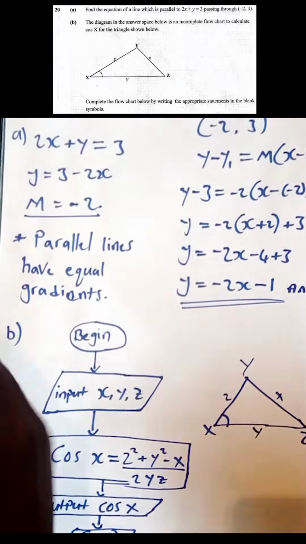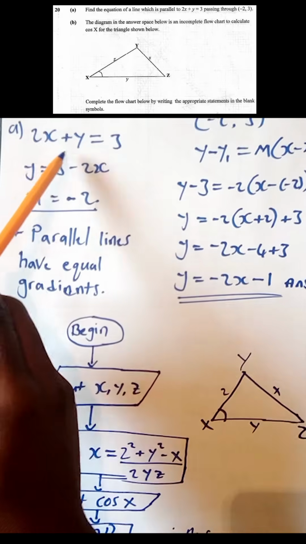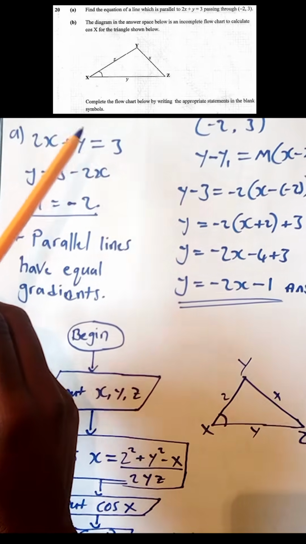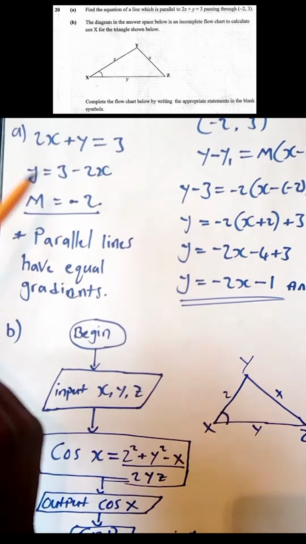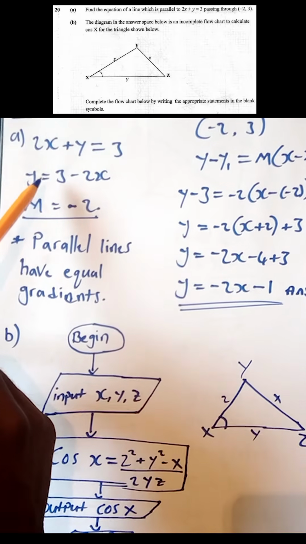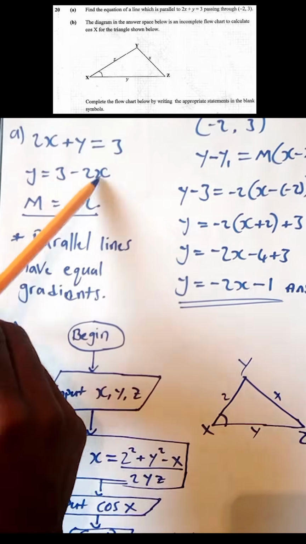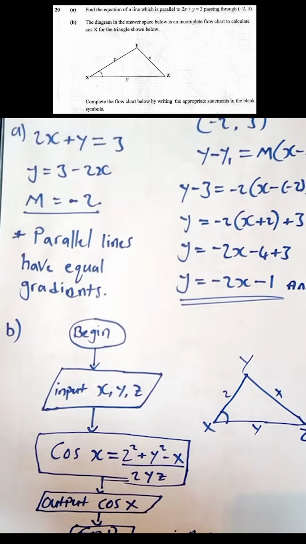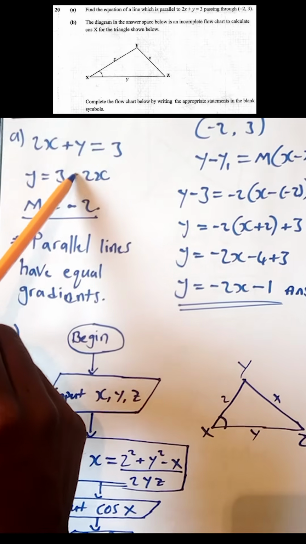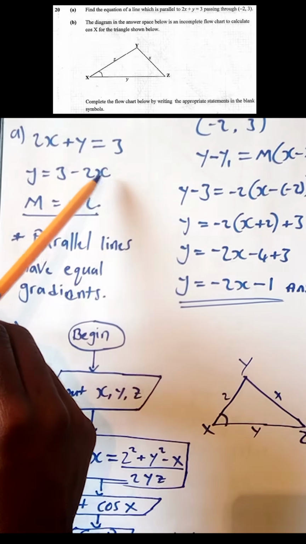So this equation of the line which we've been given, let's find its gradient first. So we just make y the subject of the formula. Then this 2x will come this side and become a negative. So you have y is equal to 3 minus 2x. So your m is the coefficient of x.